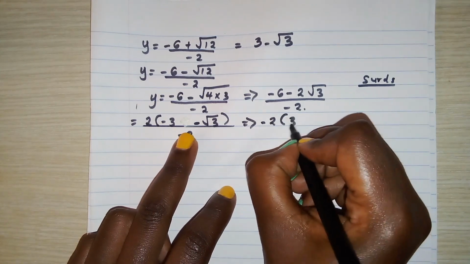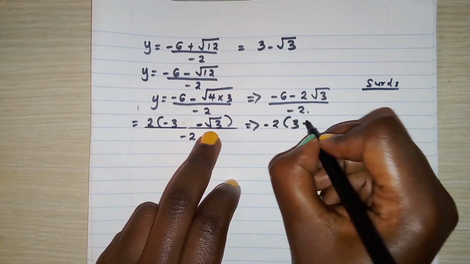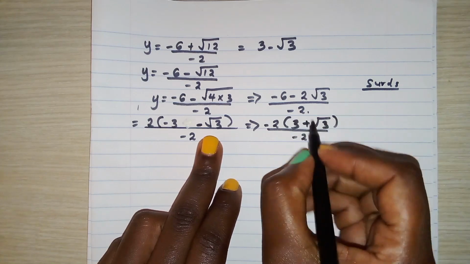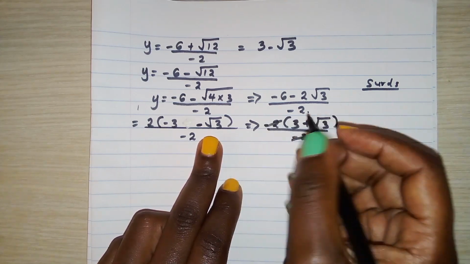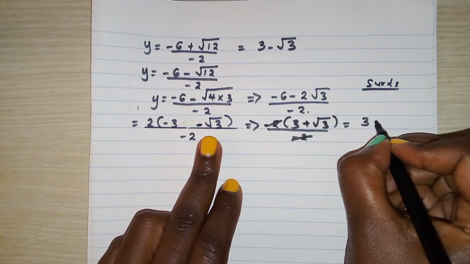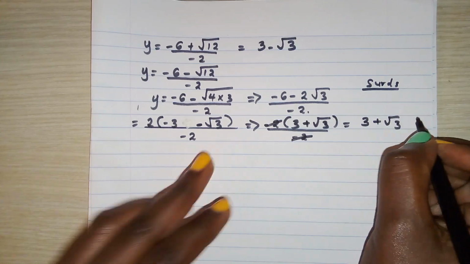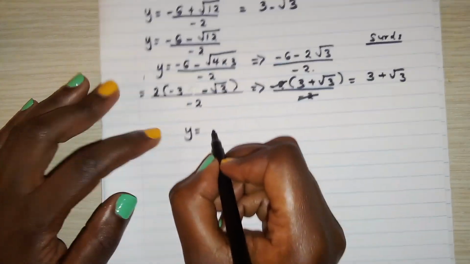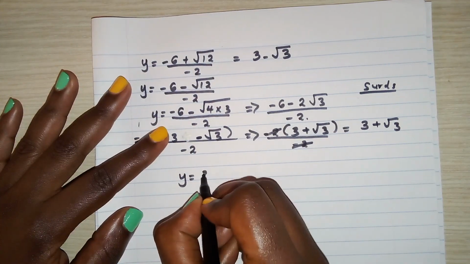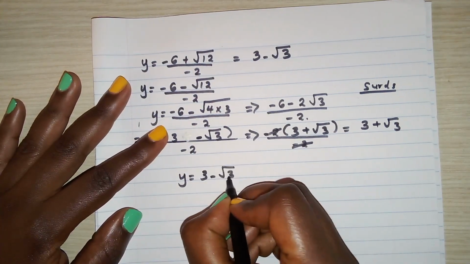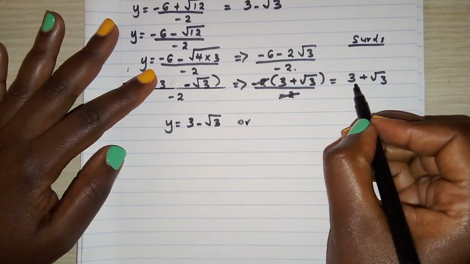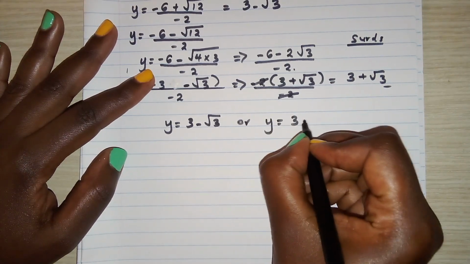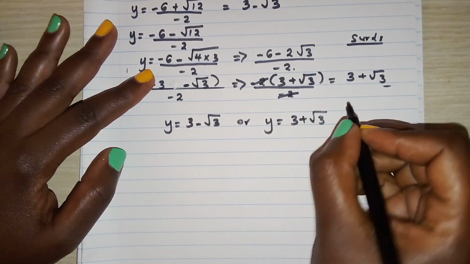This one will become positive 3 and positive root 3, all over negative 2. So that one and that one will cancel, and you're left with 3 plus root 3. So the two values for y would be y equals 3 minus root 3, or this one, y equals 3 plus root 3.